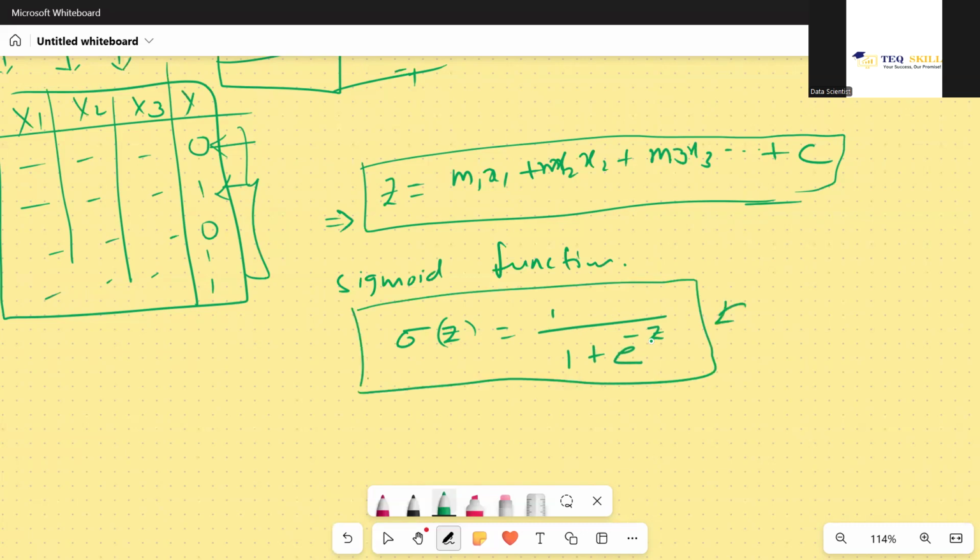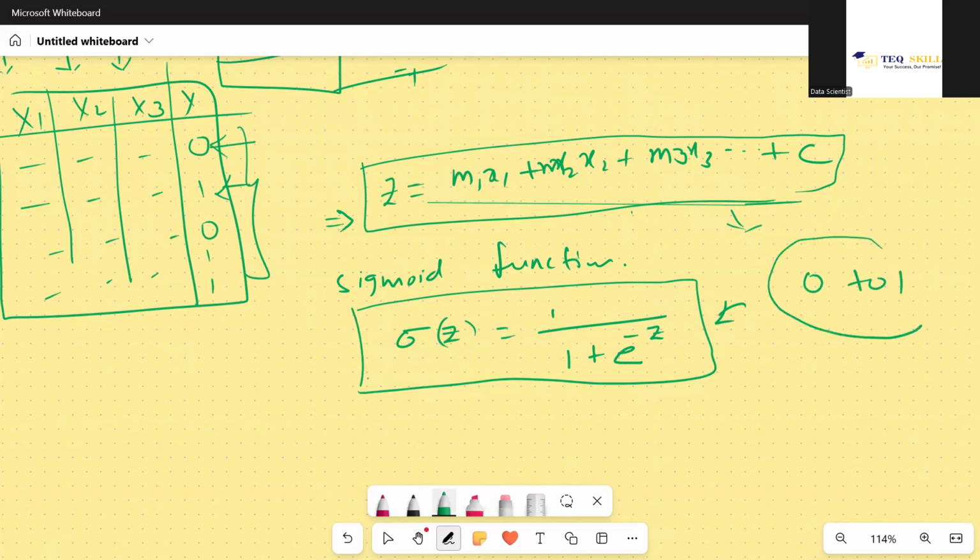The value we get from the linear equation might be any value, positive or negative. Sometimes it might be between 0 and 1, but mostly it is not. If this z value is given to the sigmoid function, then the output probability values are between 0 and 1 only, because it is 1 by 1 plus the exponential.